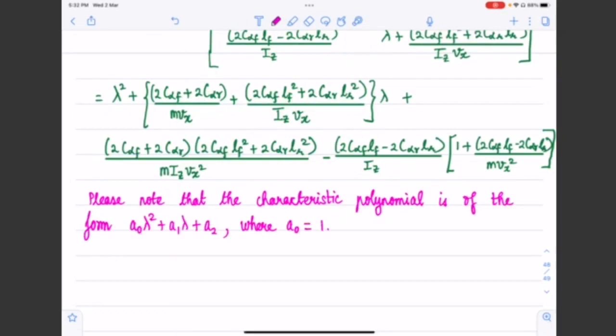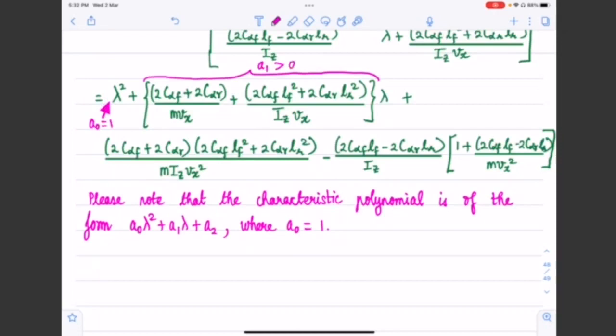So what is a naught? A naught is the coefficient of lambda square, right? So one can immediately observe that it's going to be plus 1. What is a1? A1 is the coefficient of lambda, and we can once again observe that a1 is greater than 0.